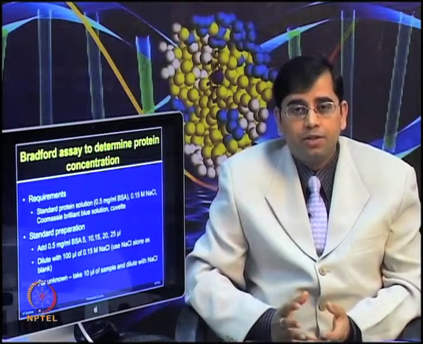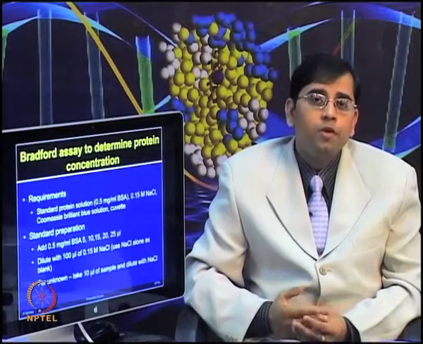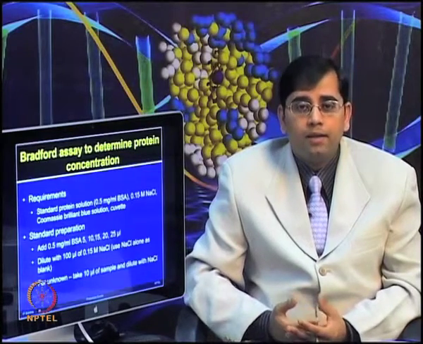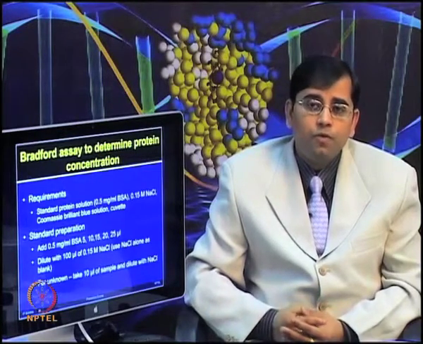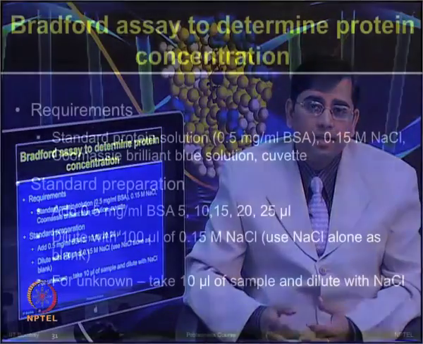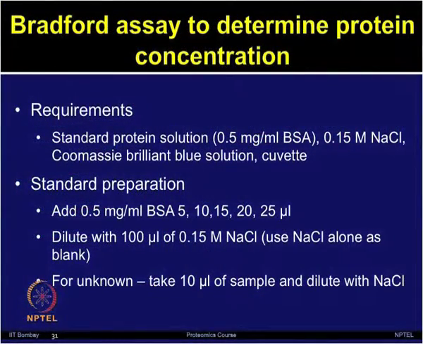to determine protein concentration. So, if you want to perform this assay, what are the requirements? First of all, you need one standard. Let us say you can take BSA, you need some salt solution, Coomassie Brilliant Blue solution and cuvette.